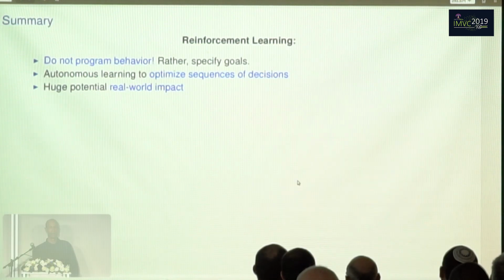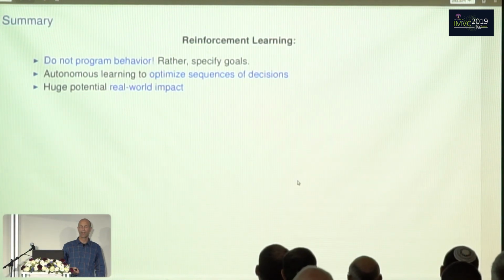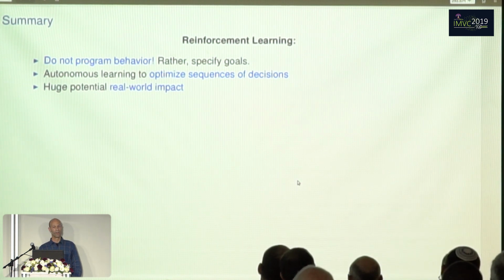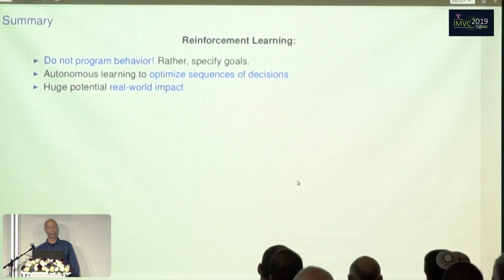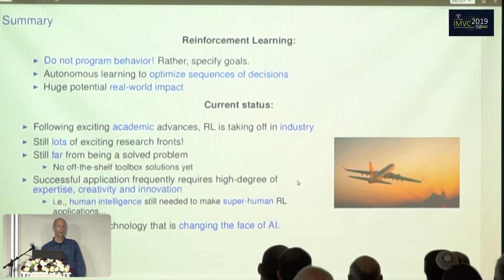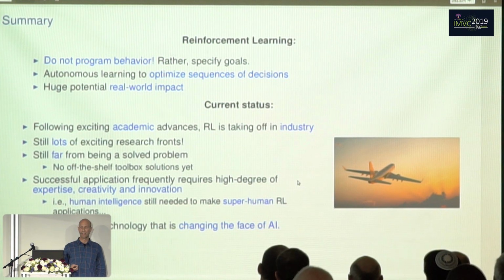The important point to remember is that RL applies to any problem that involves optimizing sequences of decisions over uncertain outcomes. So to summarize, in RL, we do not program behavior. Instead, we specify goals. RL is autonomous learning to optimize sequences of decisions and has huge potential real-world impact. The current status of RL is that following exciting academic advances, RL is now taking off in industry.